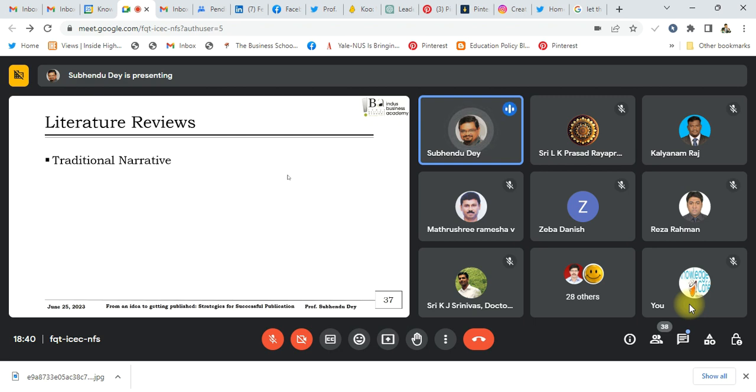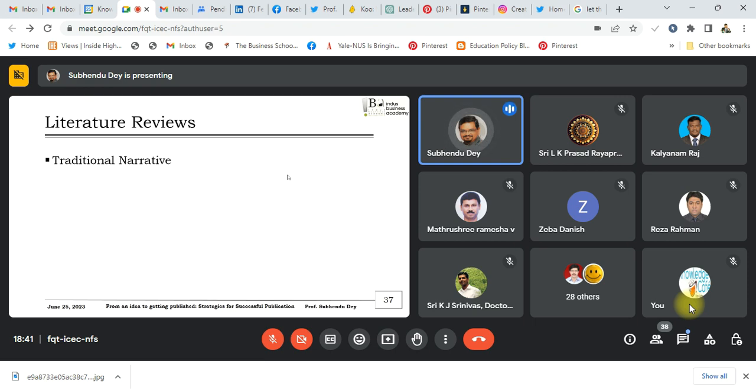The first that we look at is the traditional narrative literature review. Now, in traditional narrative literature review, you basically use your own judgment to select the representative literature. So if I'm working on a topic, I would look for certain keywords, and based on those keywords, I'll search for some papers, and then I will use my judgment for taking those papers.